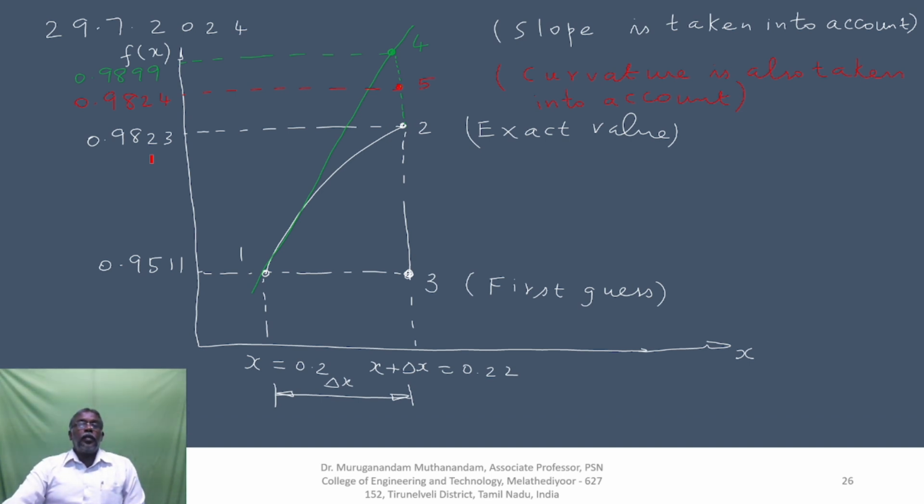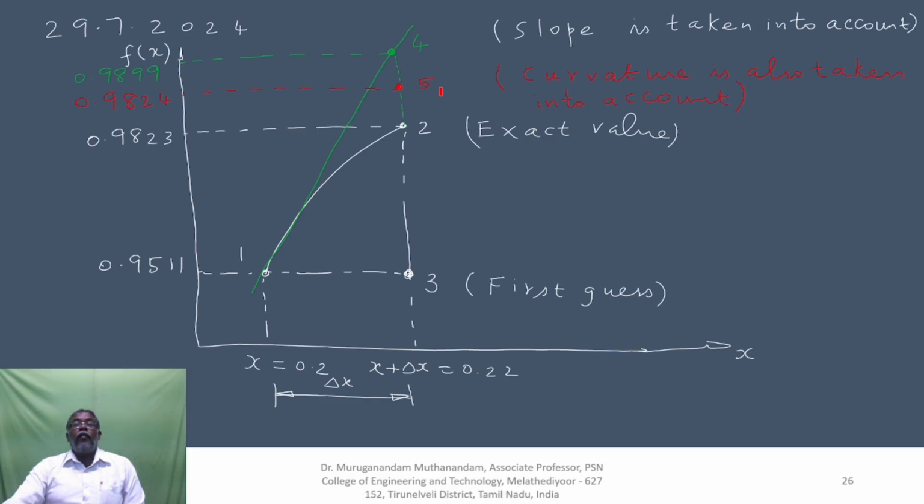When we use the Taylor series expansion in the first guess, using the first term of the right hand side of the Taylor series, we obtain 0.9511, which is the first guess which has the highest error. In the second guess, we obtain 0.9899, where we have used the first two terms on the right hand side of the Taylor series, where the error has been reduced. In this second guess, we take into account the slope of the function.